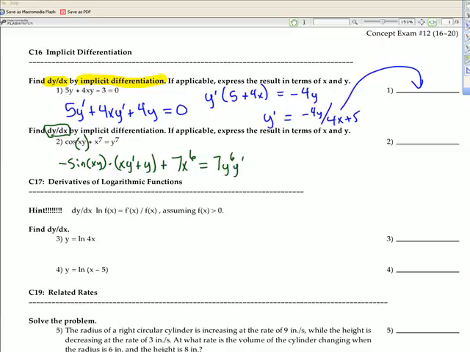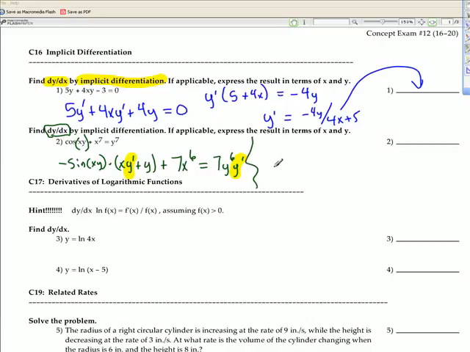I'm looking for all the y primes that came out of that. I've got one on the right, and I've got one tied up pretty bad in the left. The only way to untie that one in the left is to distribute that negative sine xy. So I'm going to distribute that negative sine xy.